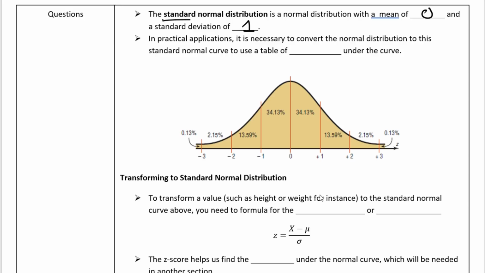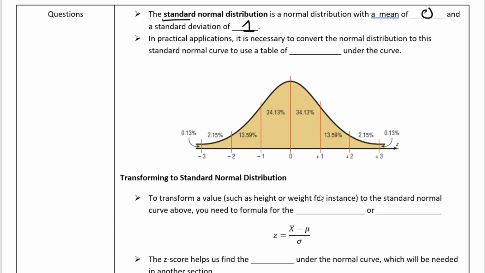Like if you were to measure something like weight or height, that may follow the shape of a bell curve, but that doesn't mean that the mean height of someone will be 0 or the standard deviation will be 1.